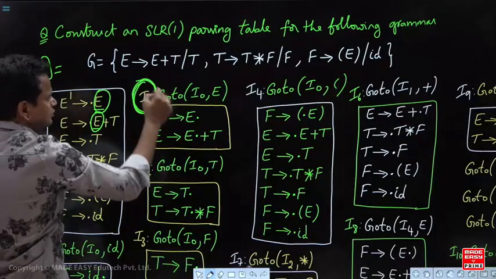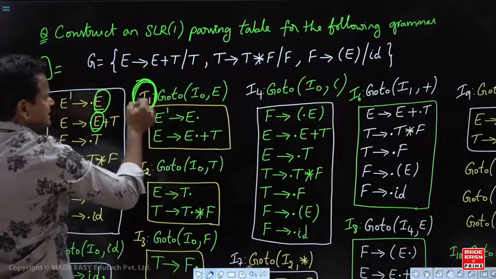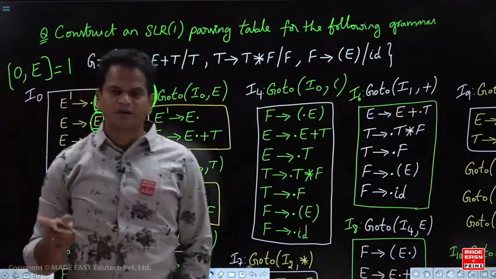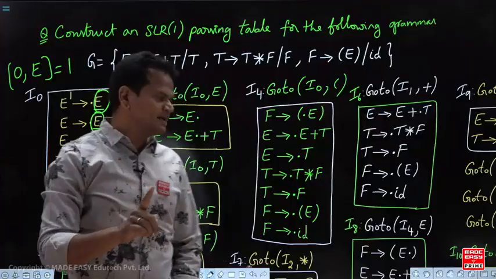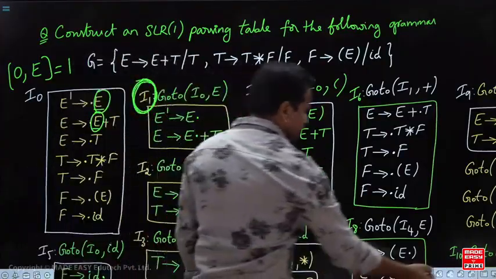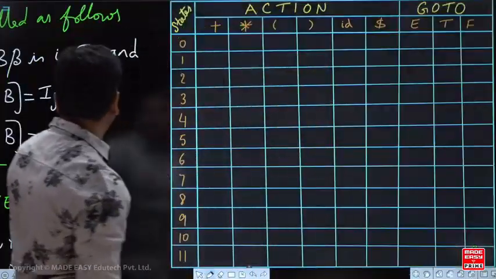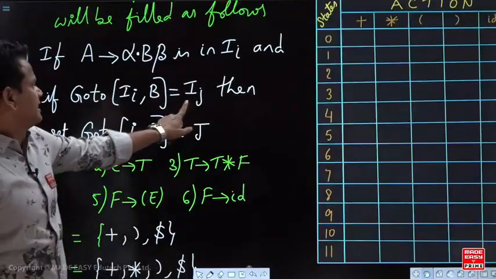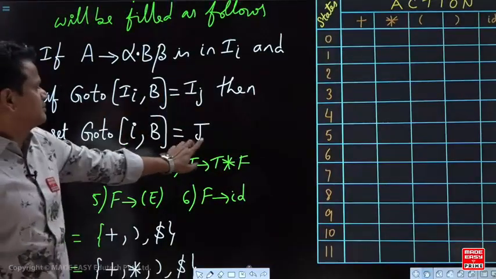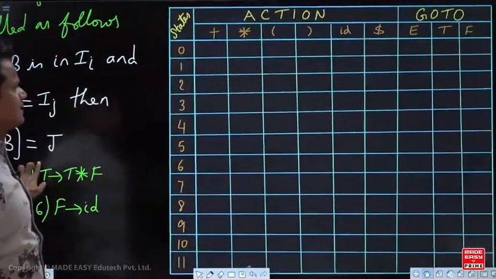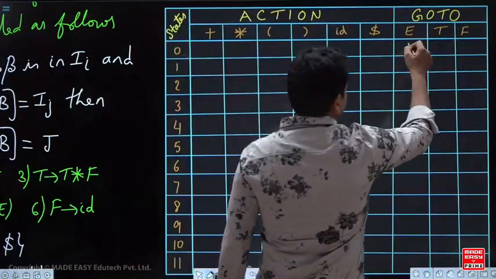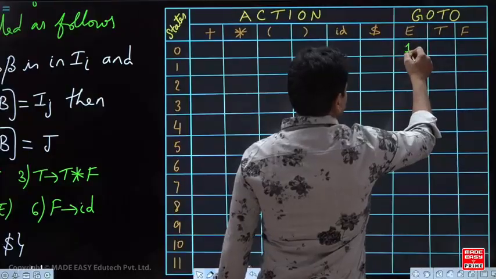It has gone to I1, simply 1. No shift, no reduce. For non-terminals, we enter only the numerical value. If it goes to Ij, ith row, bth column, simply j. So 0 comma E, simply we write 1.